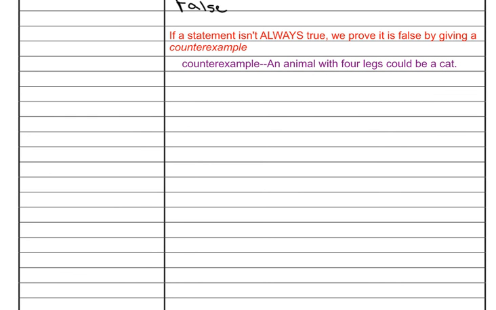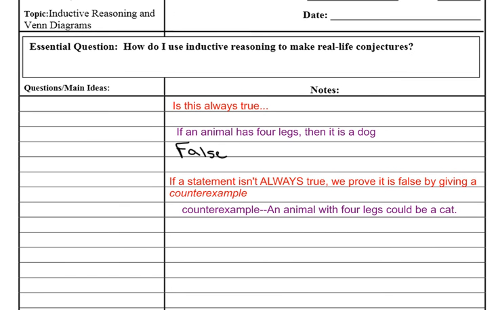So what I wrote prior, where I said that if an animal has 4 legs, it's a dog, that wasn't always true. I want you to come up with something along those lines. And then, since the conjecture that you're coming up with isn't always true, I'd like for you to also provide a counterexample for that conjecture.